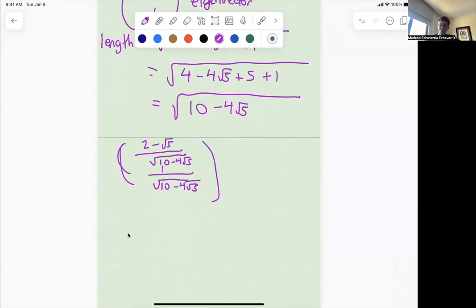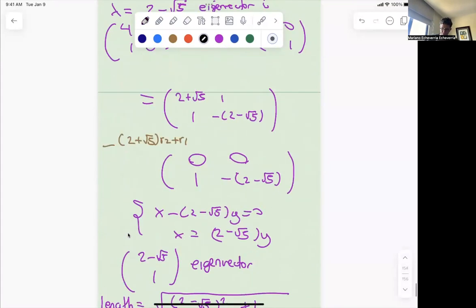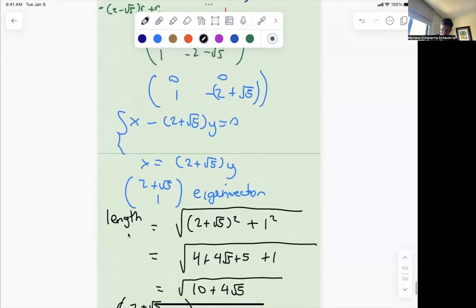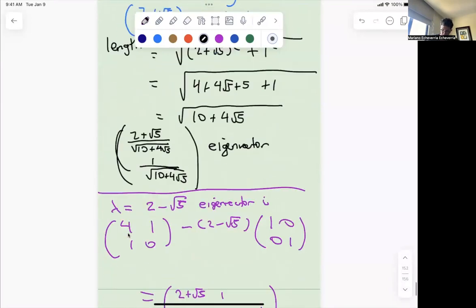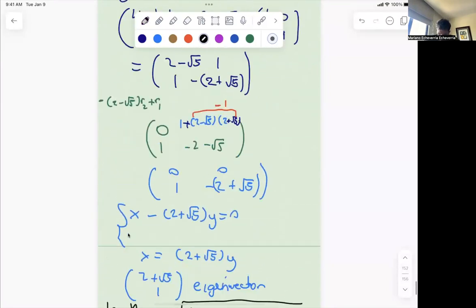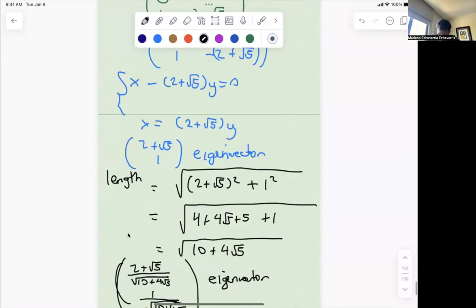Okay. Let's just put what we found here. For lambda equals 2 plus root of 5, the eigenvector was this one that I found.